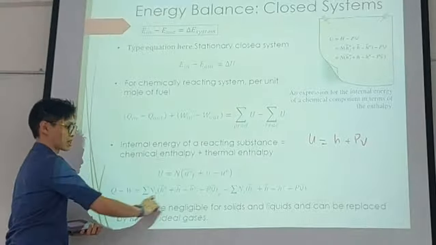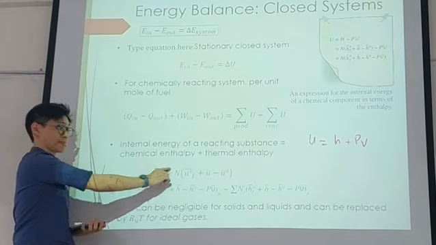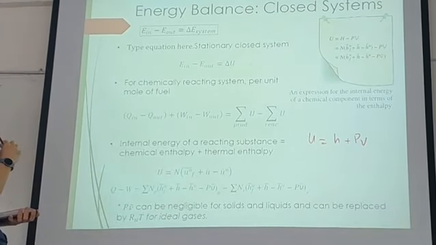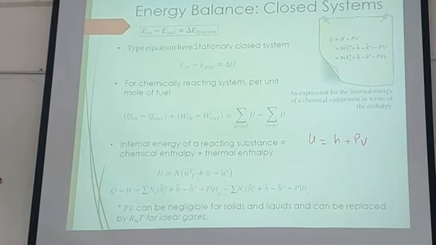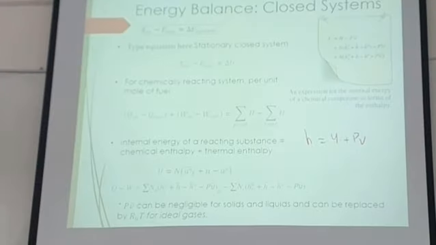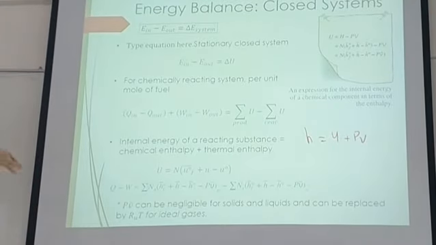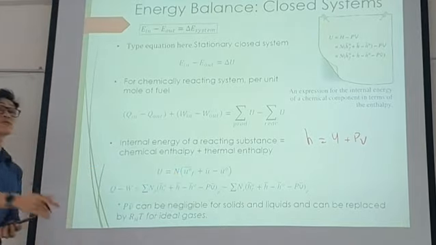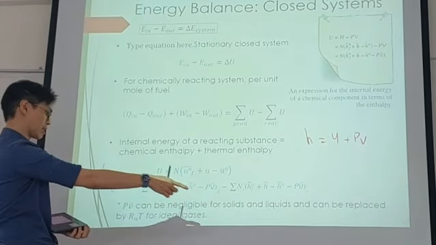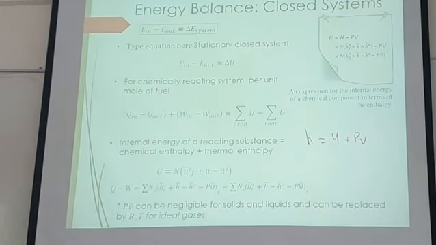So we just move PV over, and change this whole thing to H. PV can be negligible if you are dealing with solids and liquids, and can be replaced by RT for ideal gases.